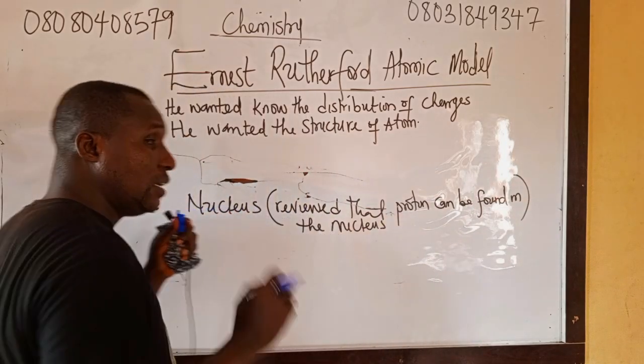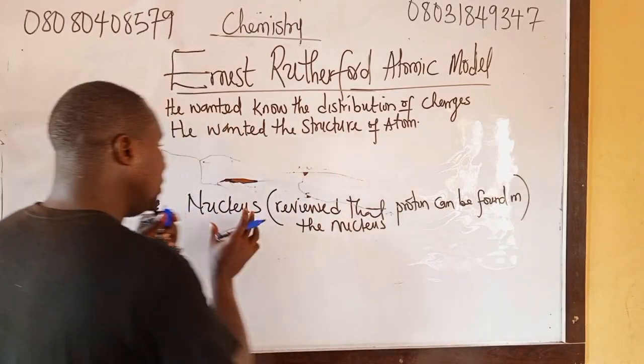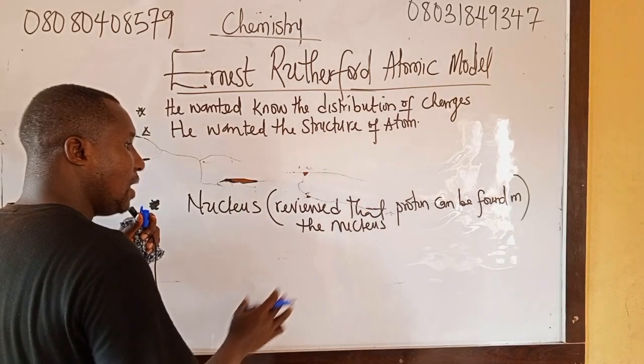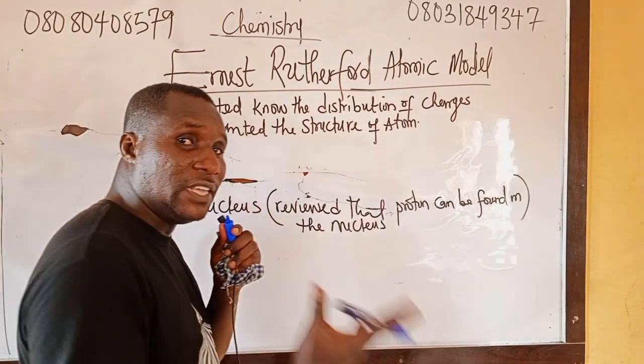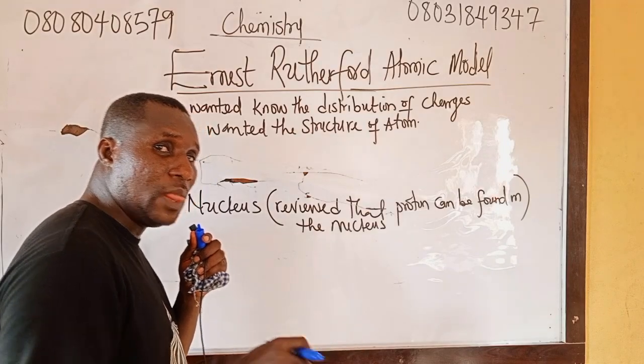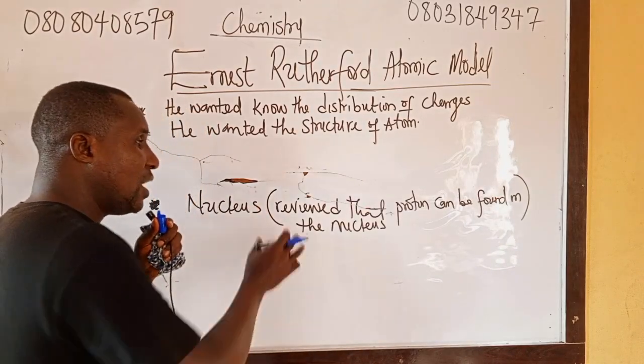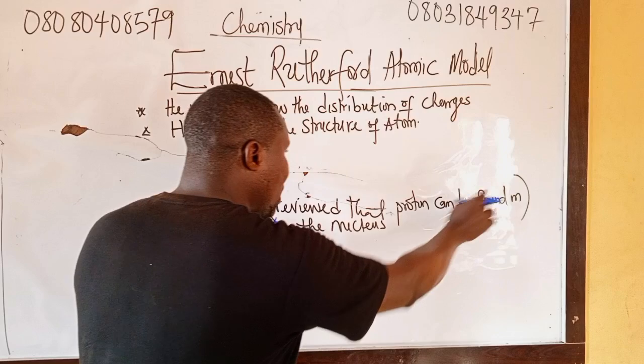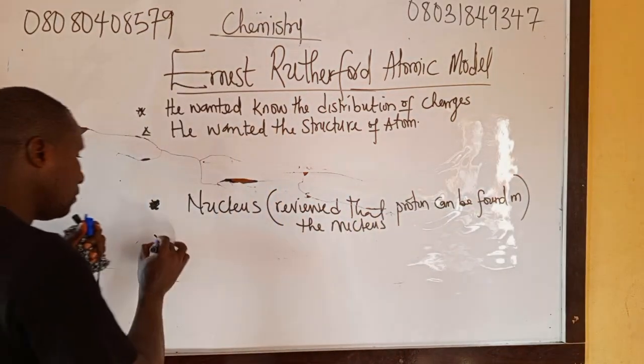That means of the three things he discovered, he discovered the nucleus, which is the center of the atom. He discovered that there is a nucleus in the center of the atom, and he revealed that protons can be found in the nucleus.